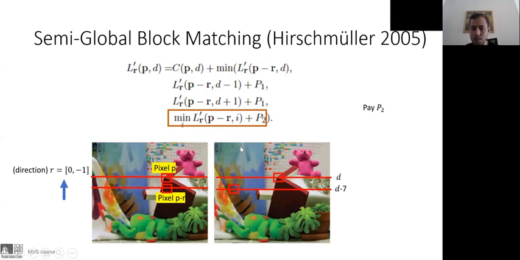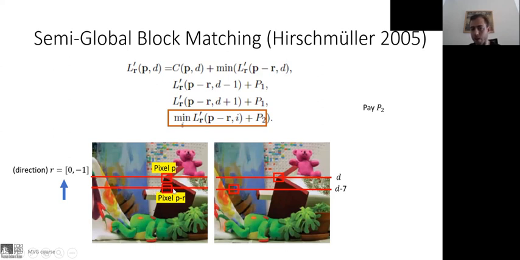Yes, it's okay. When we check for disparity D, we also check the neighbors. So we also look at D plus 1, right? My neighbor pixel is P minus R, and I want to look at its cost for selecting different disparities. Then I build my cost according to my neighbor.